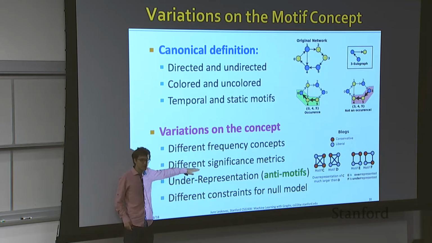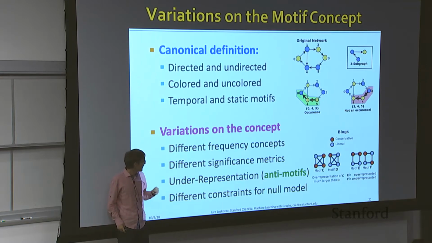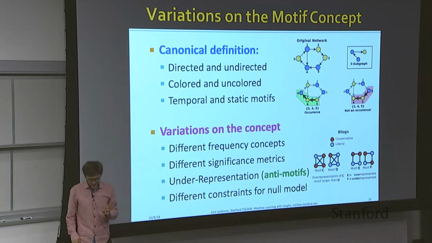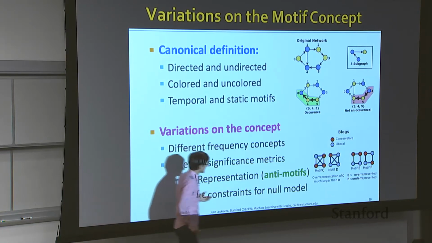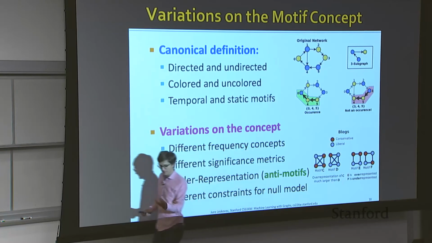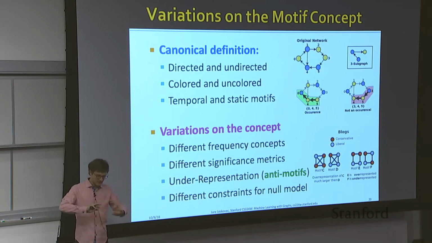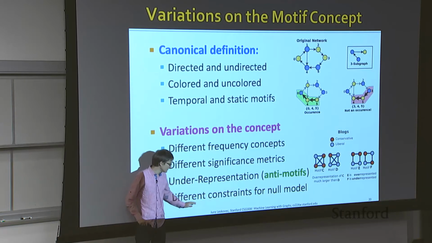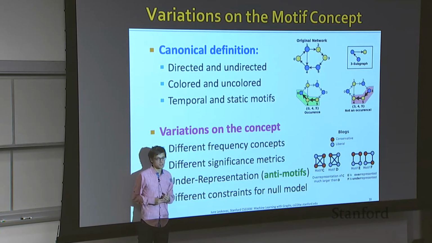There are many different significance metrics. You can also think about motifs that are underrepresented, what I mean is anti-motifs, something that does not occur, but its complements tend to occur. And you can also use different null models to compute these z-scores, right?